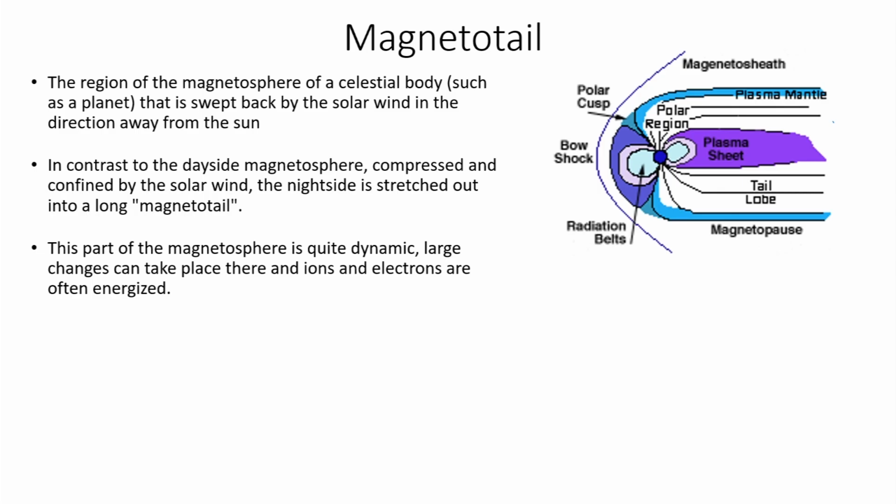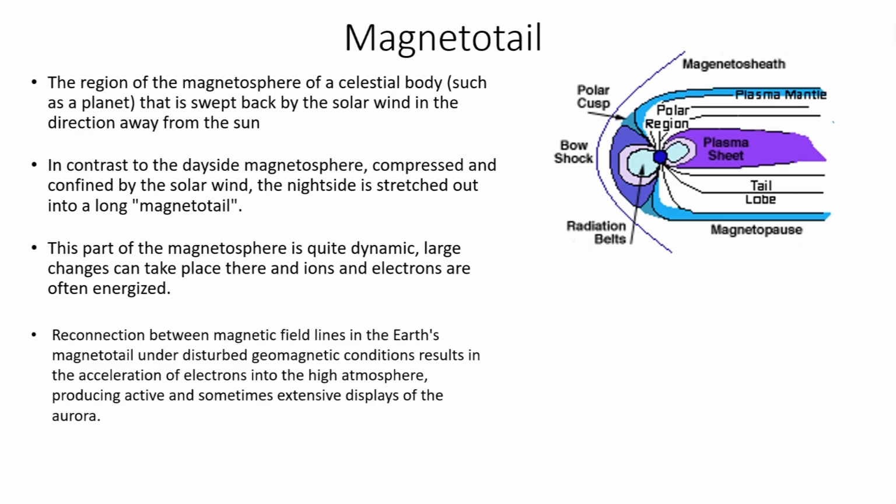This part of the magnetosphere is quite dynamic, and large changes take place there, and ions and electrons are often energized. We will see this when we explain the geomagnetic storm and geomagnetic substorm. In the magnetotail, because of the magnetic reconnection, these plasma particles, the solar wind particles, become more energetic and move towards the Earth, and give rise to various phenomena like geomagnetic storms and substorms. I already said there is reconnection between the magnetic field lines in the Earth's magnetotail under disturbed geomagnetic conditions.